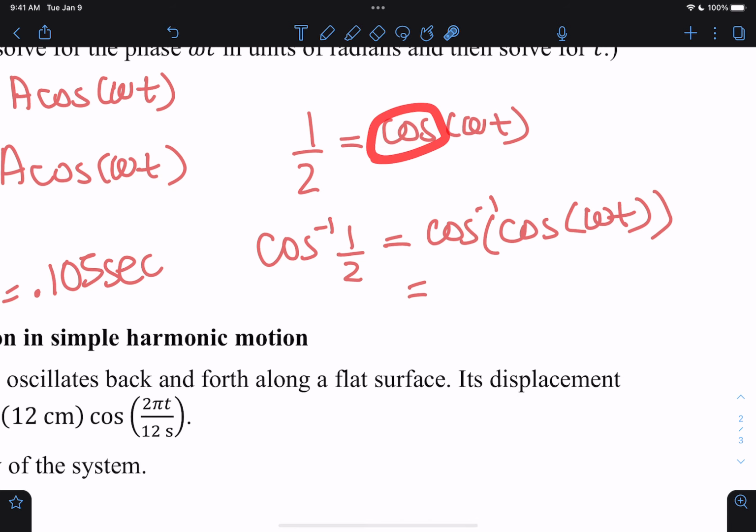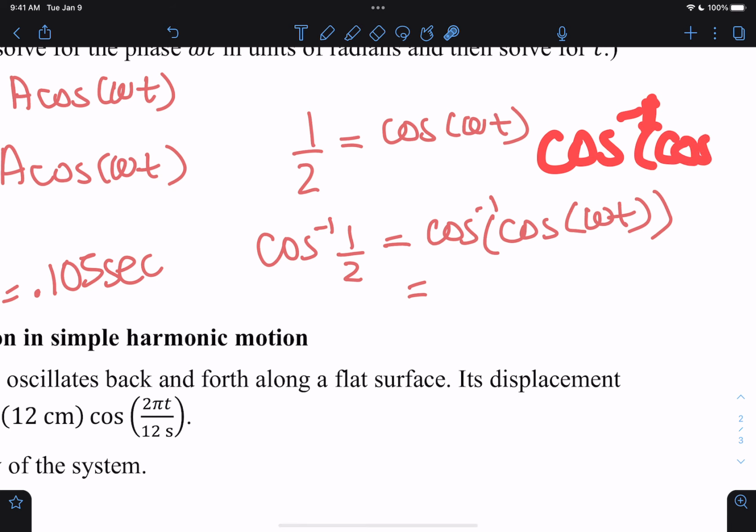The way to get rid of the cosine function is to take the inverse cosine. For example, if you plug into your calculator cosine to the negative one, well, it's not actually cosine to the negative one, it's inverse cosine. That's a different function. So if you were to take inverse cosine of cosine of, let's say, 2 pi, you're going to end up with 2 pi as your answer.